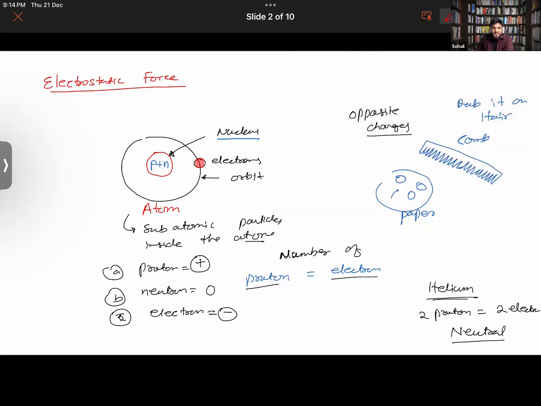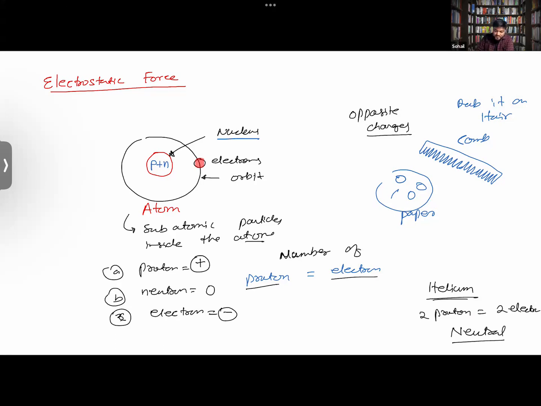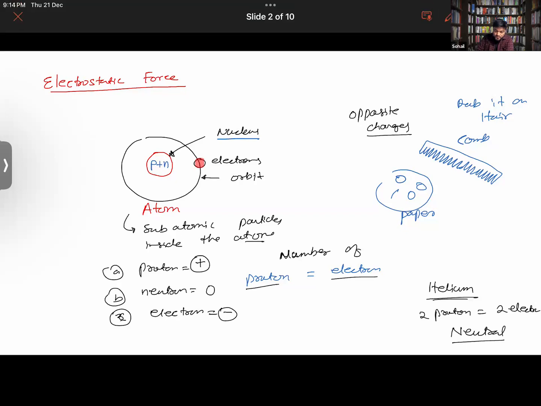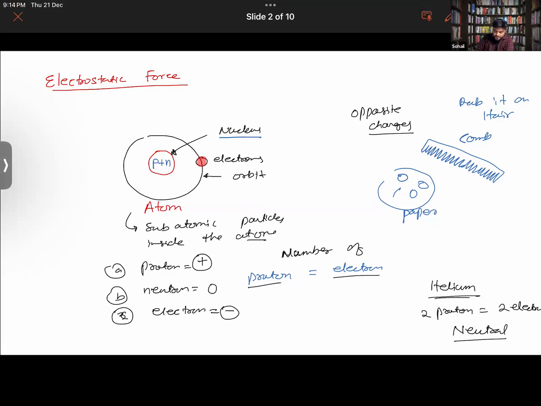Due to some external disturbances, what if the number of protons and electrons are changed? Let's take an example. Let's say you have an atom, and right now it has 10 electrons and 10 protons.